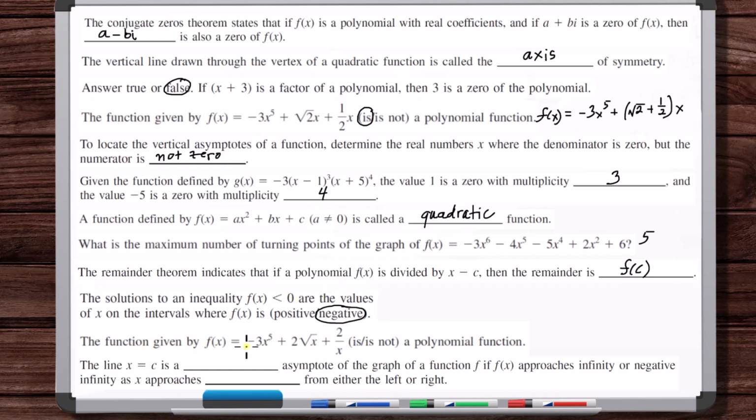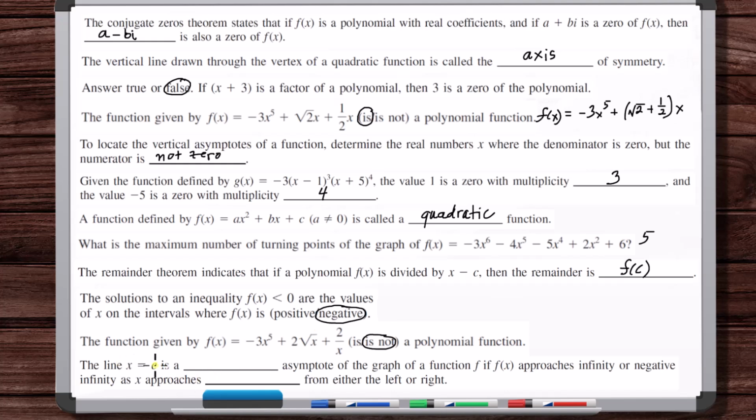The function given by this, is this a polynomial function? No. Because you've got x to the 1/2, x to the minus 1. That's the main characteristic of a polynomial function: the x's are always raised to a positive integer power or 0.